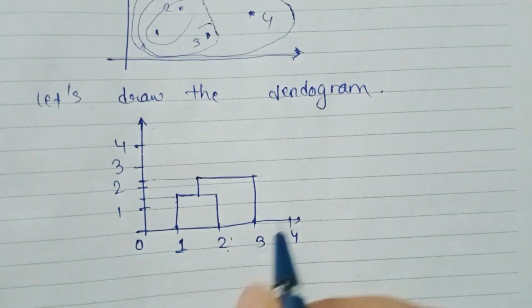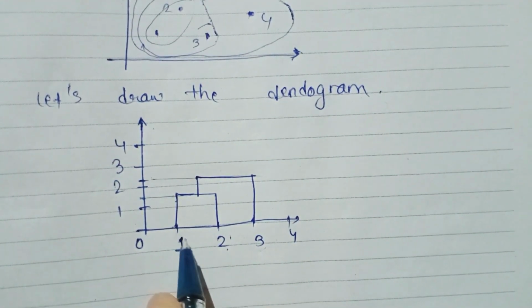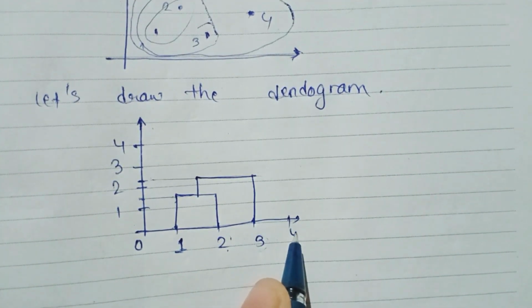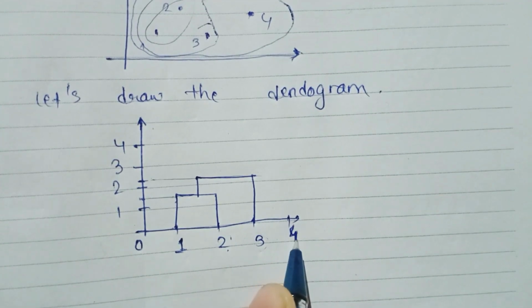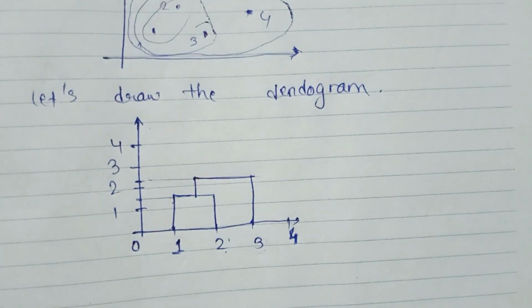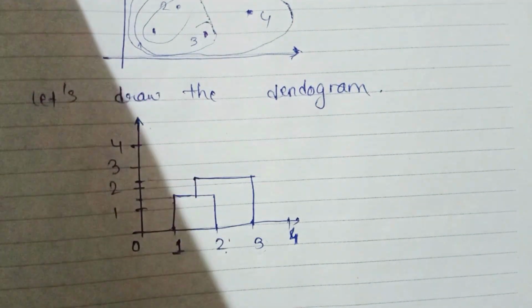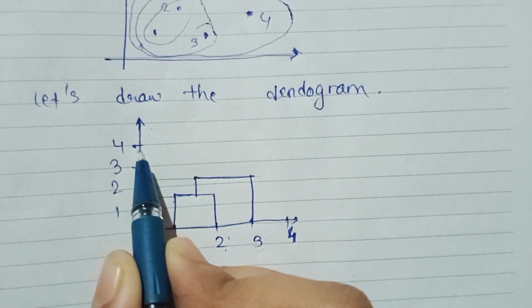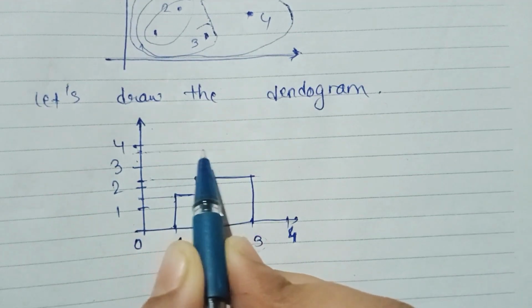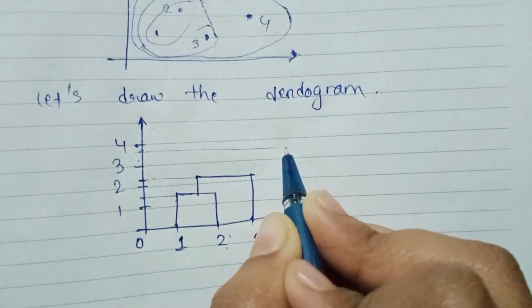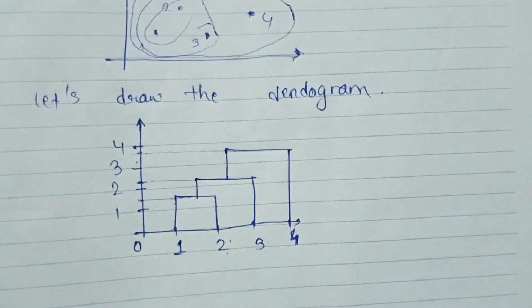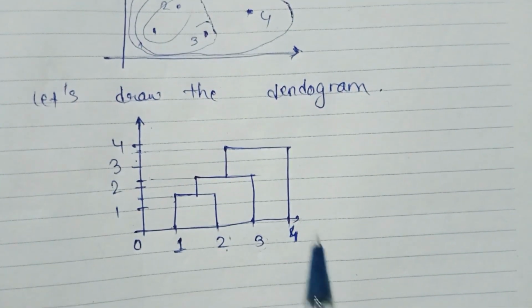And our next cluster, a single cluster, was with 1, 2, 3 and then 4, and the minimum distance was 3.6. Yes, 3.6, which will be around there. So we will draw. So this is our dendrogram.